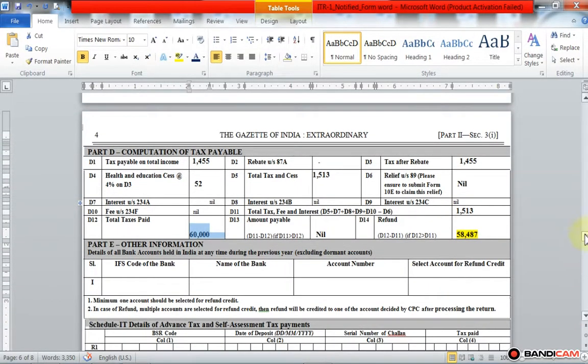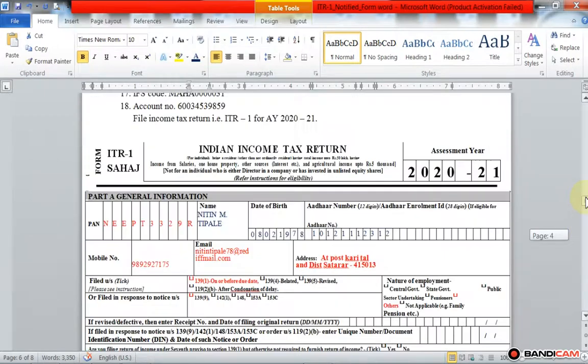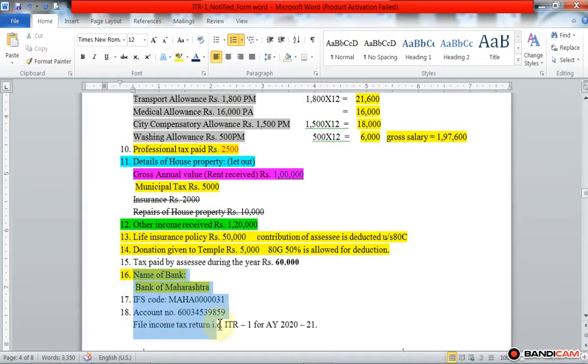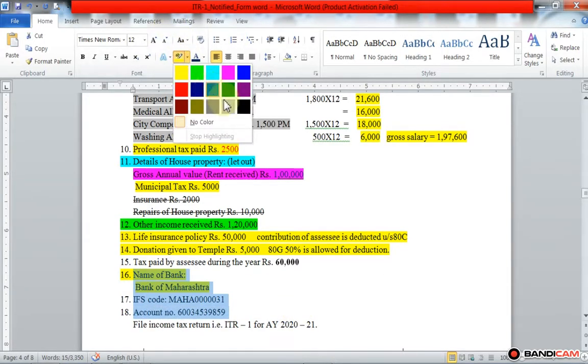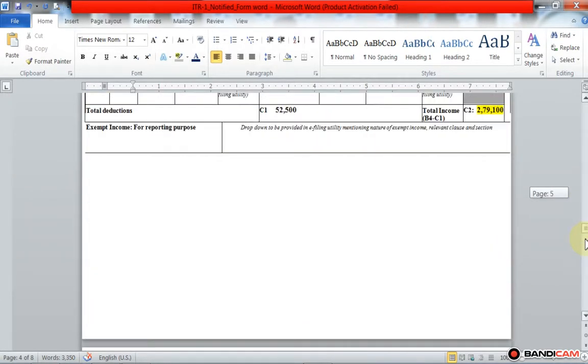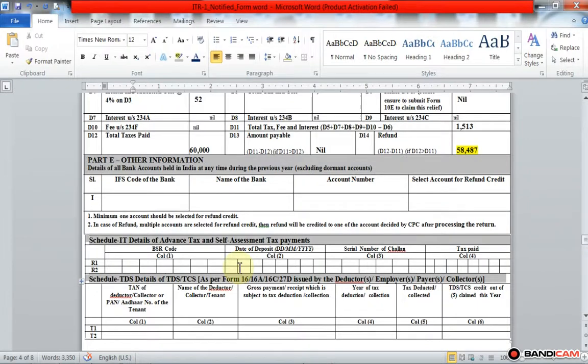Now we fill the bank details, and bank details are also given in the problem. Okay, so here bank details, that is name of bank and bank account number. Name of bank and bank account number, that is Maharashtra Bank, IFSC code MAHA 5x031. So here fill the bank details.